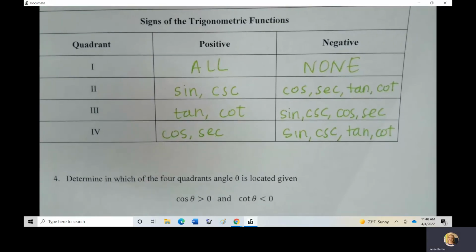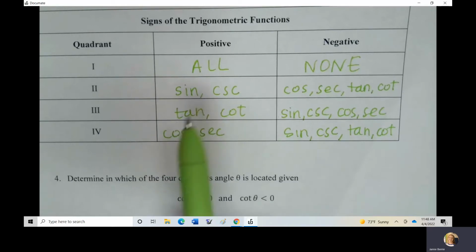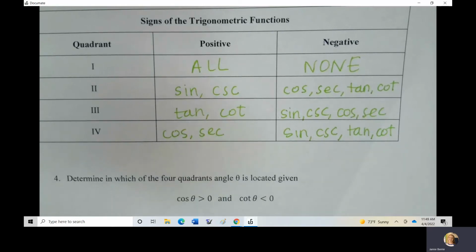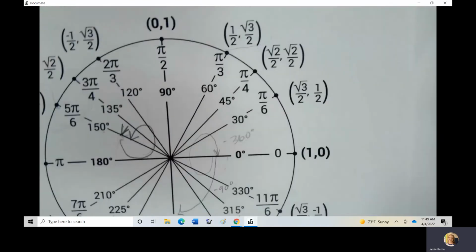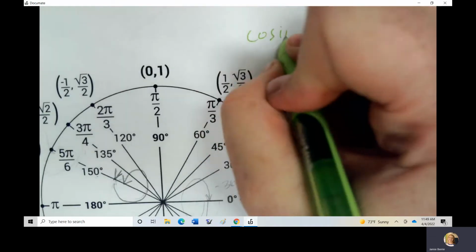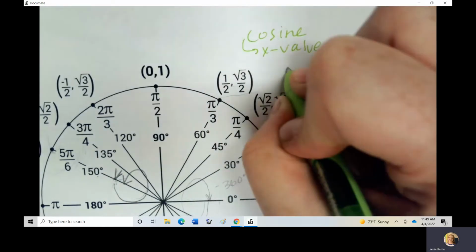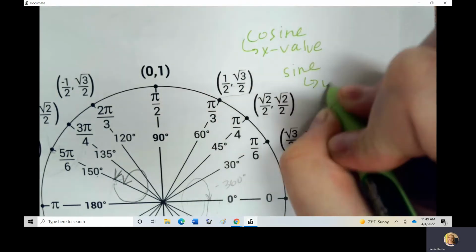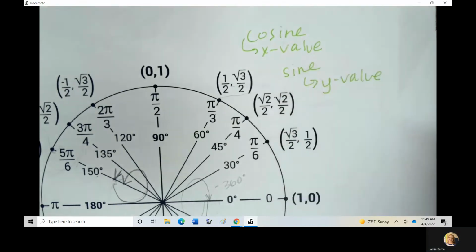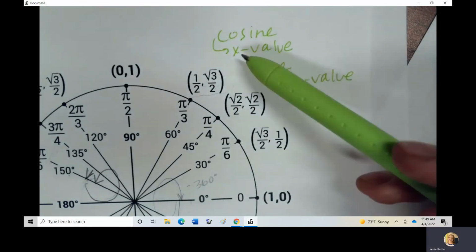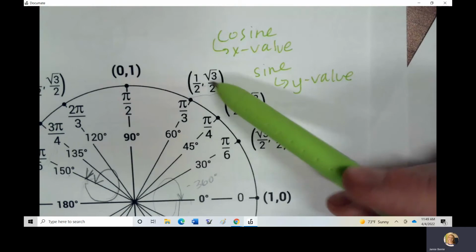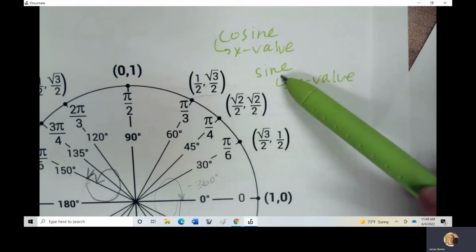All right, so if you're wondering how did I come up with this, what I was doing is I was just looking in each quadrant and saying, okay, well, I remember that cosine represents my x value and sine represents my y value. All right, so here you can see my x and my y values are both positive. So that means cosine and sine are both going to be positive.